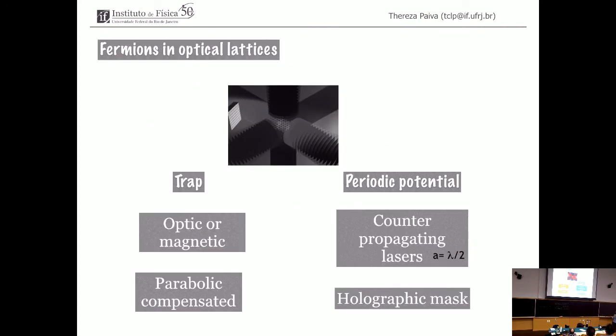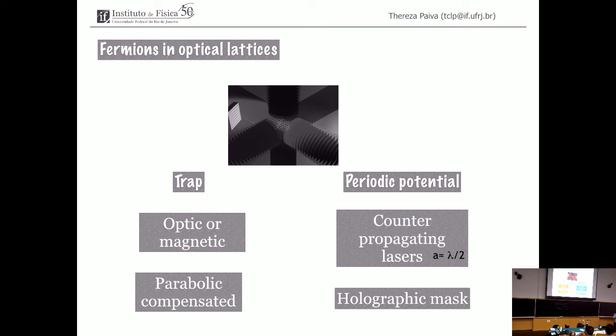And on top of having the atoms trapped, we want to have them in an optical lattice. So this optical lattice has a periodic potential that can be made of counter-propagating lasers, as is sketched here.